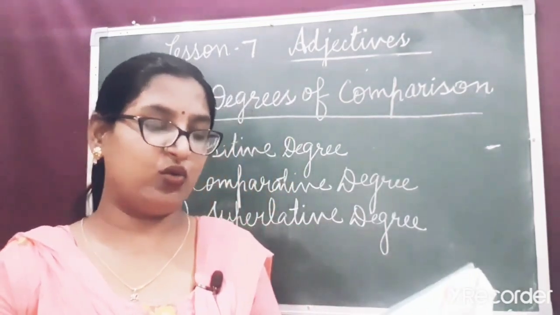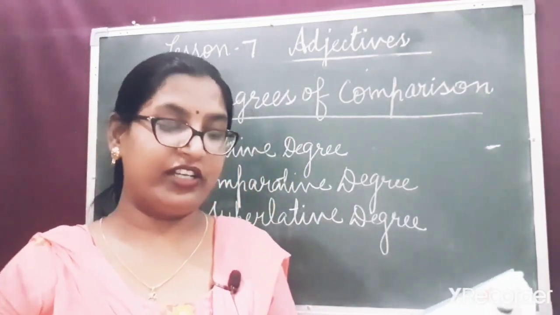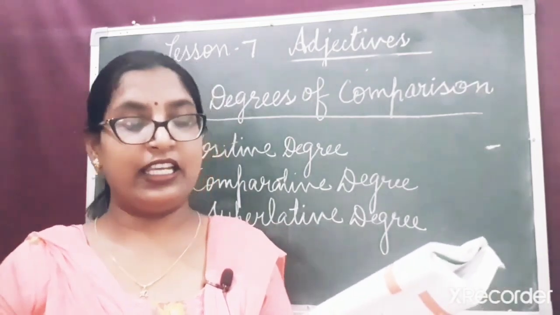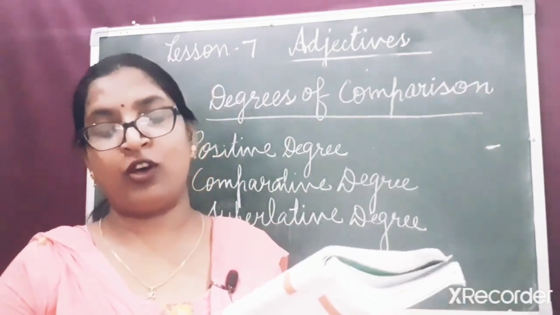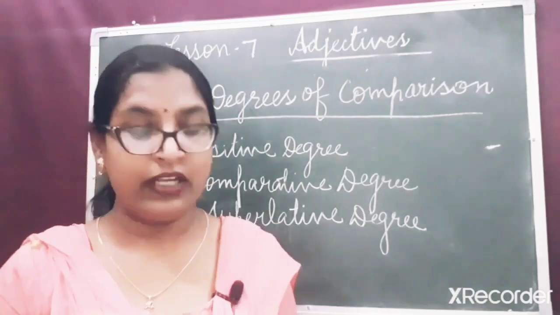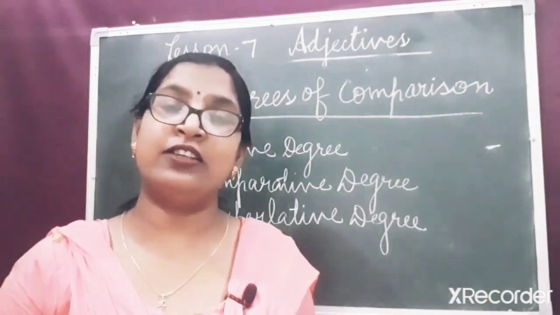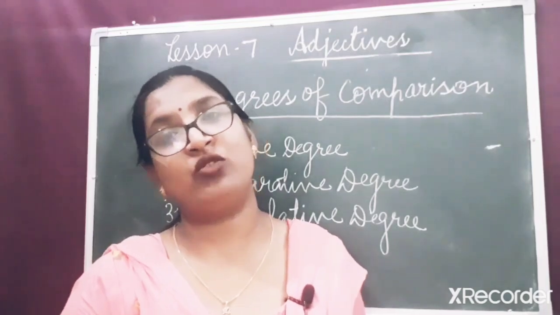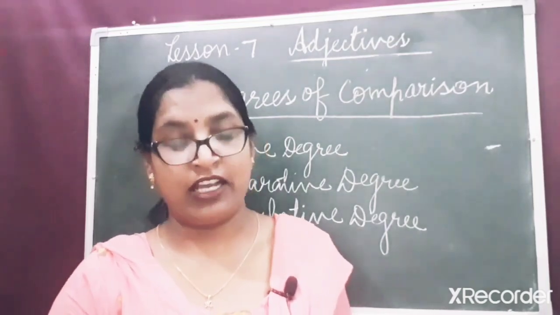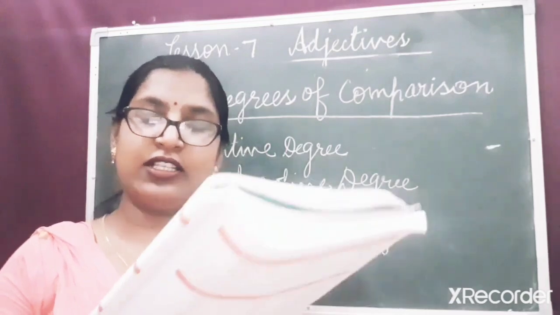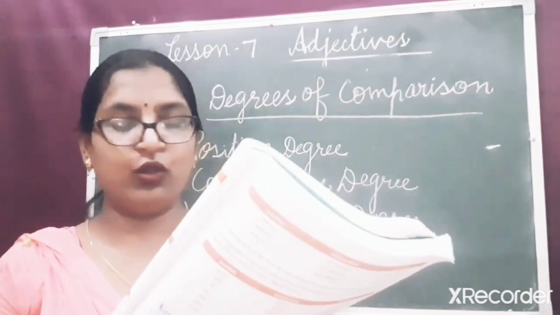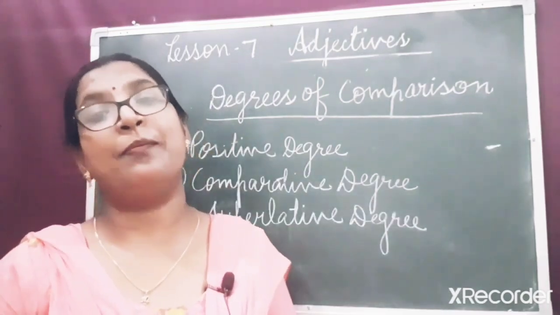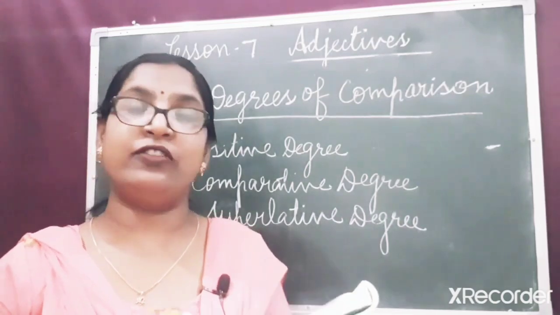Now the next rule is that longer adjectives do not take ER or EST to form their comparative and superlative degrees. The adjectives which are longer, having two or more than two syllables, having more syllables, for this kind of words we use more or most for comparative and superlative degrees.